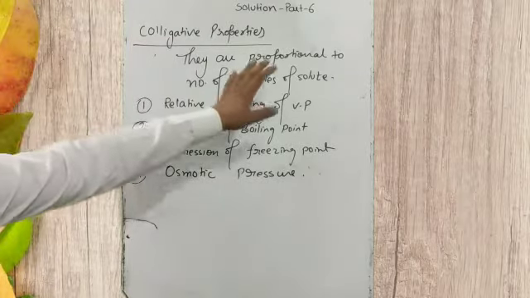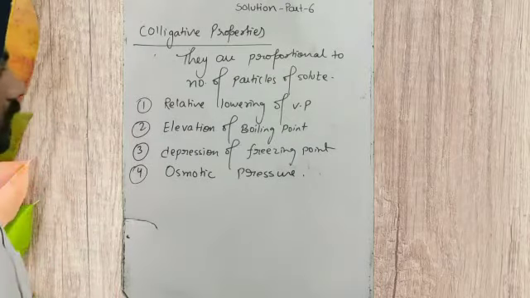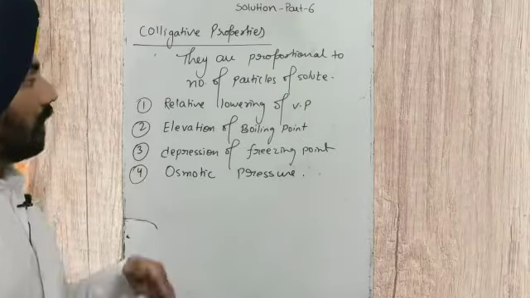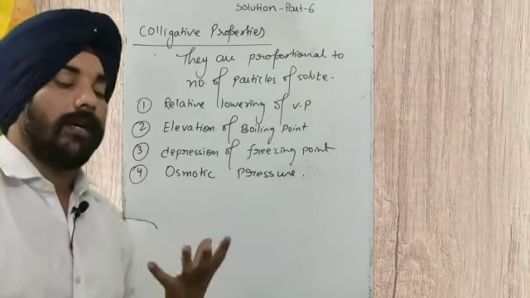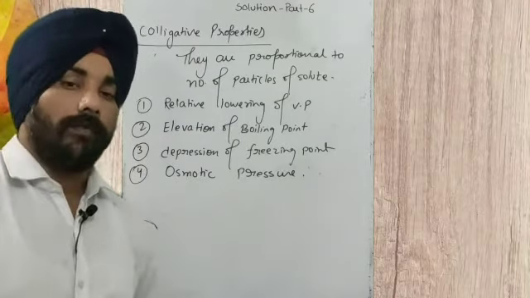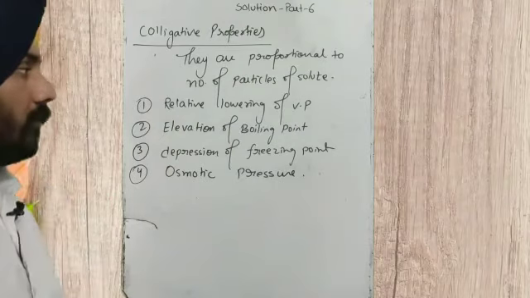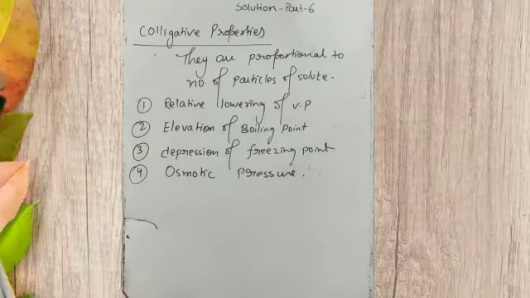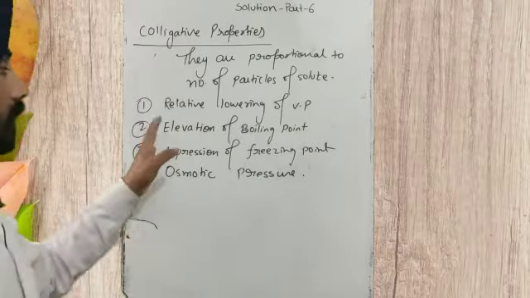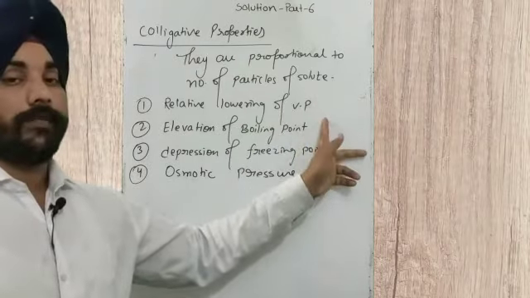What are the colligative properties? They are those which depend upon the number of solute particles, or we can say which are directly proportional to the number of moles of solute added into a solution. The first is relative lowering of vapor pressure. We already had a discussion about this property in the last video.